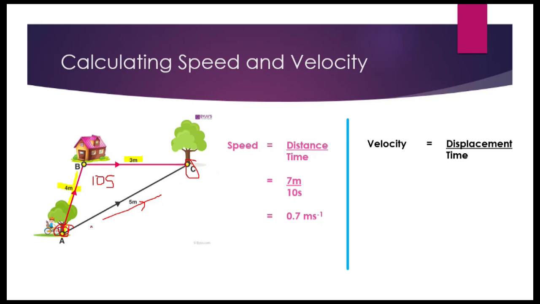Here's the starting point A, here's the end point C. The length of that line gives you the displacement. Therefore the displacement becomes 5. Displacement 5, time 10 seconds, 5 divided by 10, what is the answer? 0.5 meters per second. And it is important to mention the direction when you are telling about velocity.